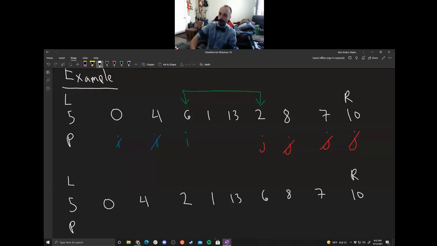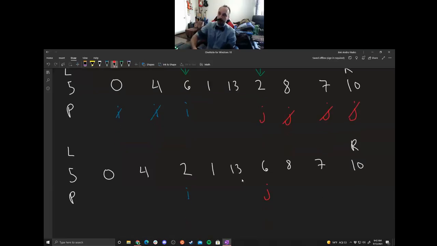Then we have our R, and I was pointing here, and J was over there. So we swap these two elements. So now we can safely move I and J accordingly.